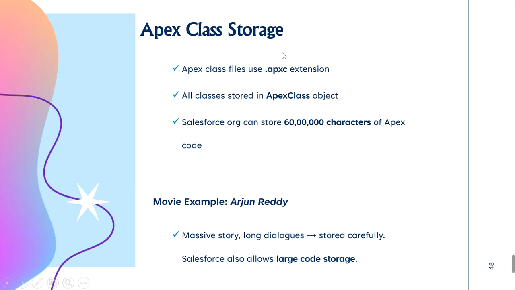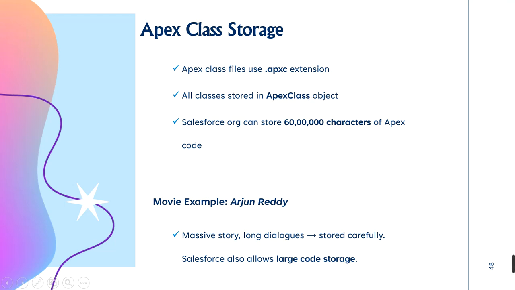And Apex class storage. How does an Apex class store? Suppose there is a file. Apex class files use the .apxc extension, where c is the class extension. All classes are stored in the ApexClass object.